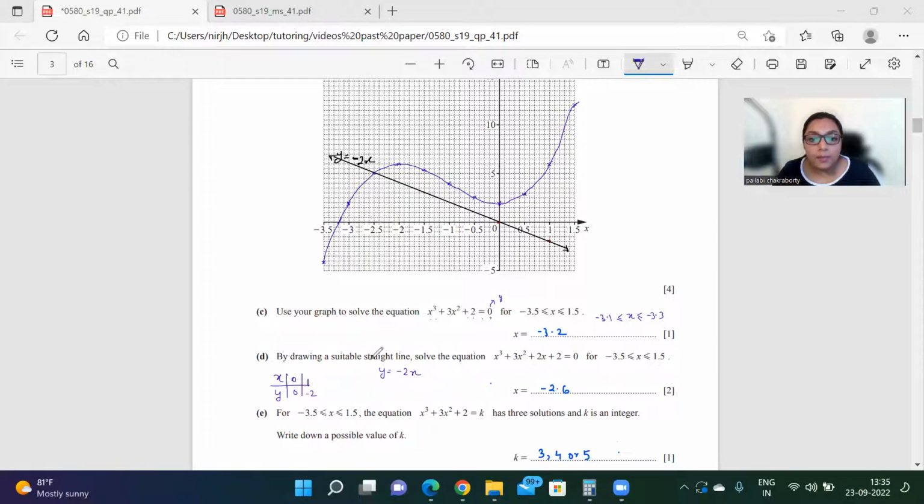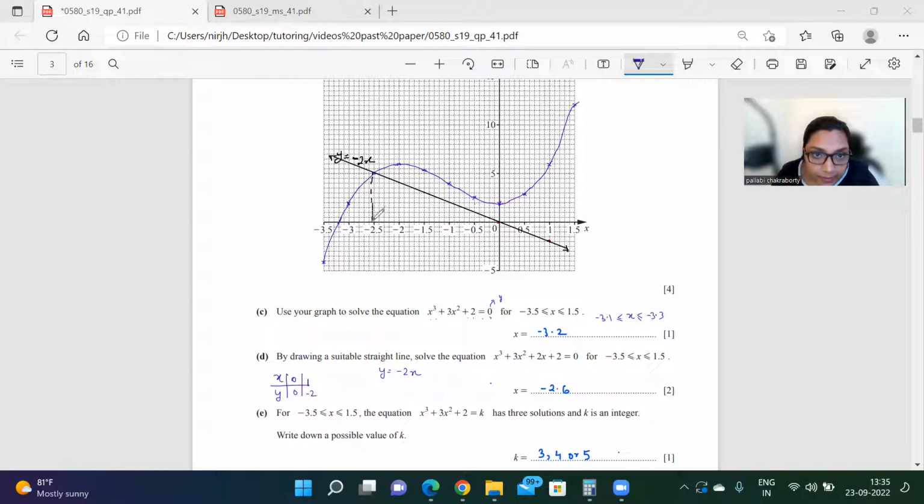Okay. So by drawing the suitable line, now we have to solve the equation, right? So y is equal to minus 2x. Now let's see what value we are getting. Roughly you see the x value is around minus 2 point something. If you draw the line properly, you will see that it is roughly over here.